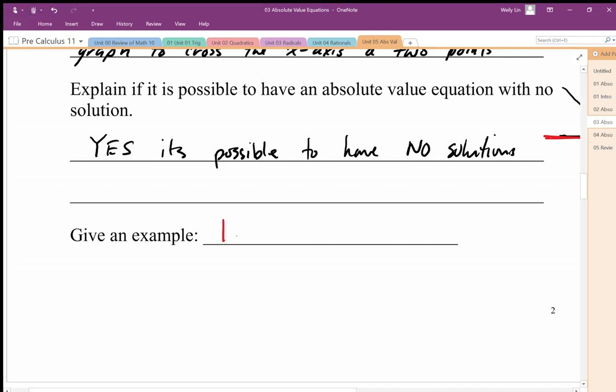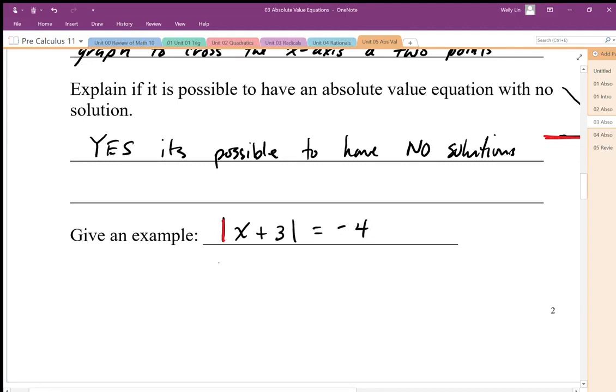I'm just going to make one up: absolute value of x plus 3 equals -4. So the output of the absolute value is equal to a negative. Well, we know that's not possible. So when we undo this, there's no solution to this. We cannot go this way to get a negative.